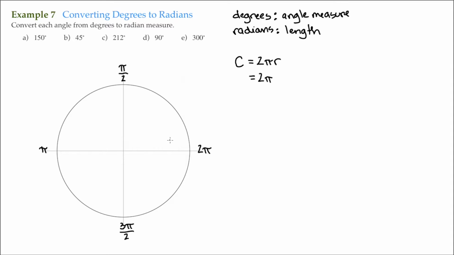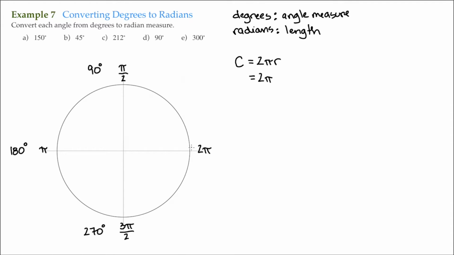So we know that the angle measure from here all the way up to here is 180 degrees. Half of 180 degrees, we know this to be 90 degrees. Of course, 90 degrees, 180 degrees, another 90 degrees, this is 270 degrees.